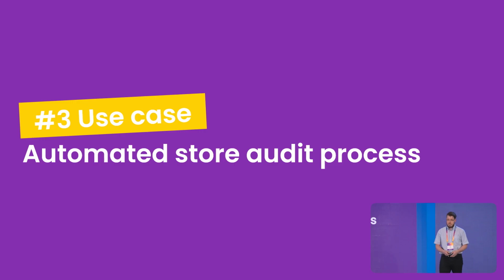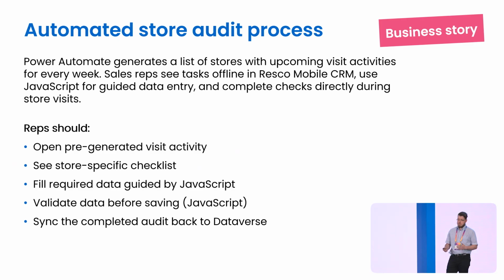The third use case is about automation of the store audit process, and again there is a short description. The story is that on a regular basis, the user needs to have records in the system, like appointments and questionnaires which are valid for the appointment.